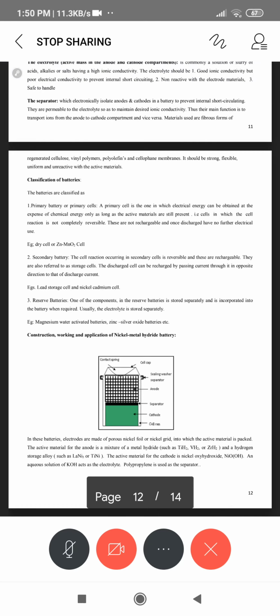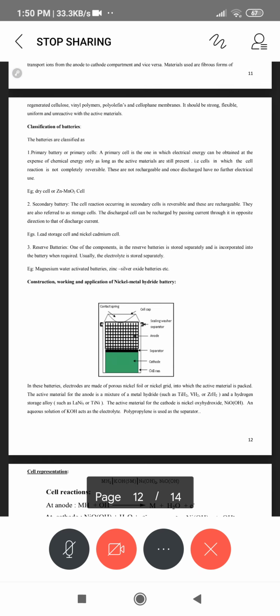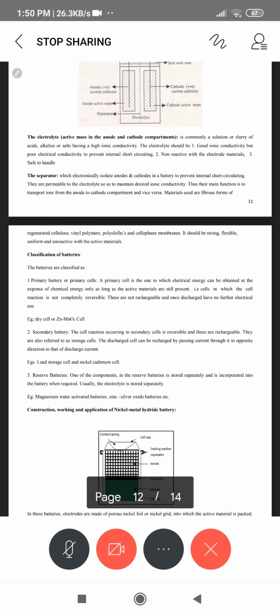It should not build pressure or discharge pressure, should not break, and should not react with any other anodes, cathodes, or electrodes. So these are the characteristic features of electrolytes.